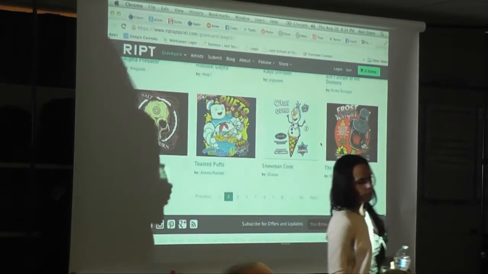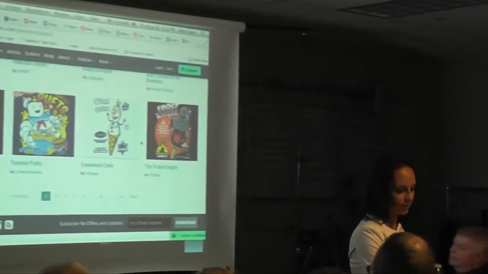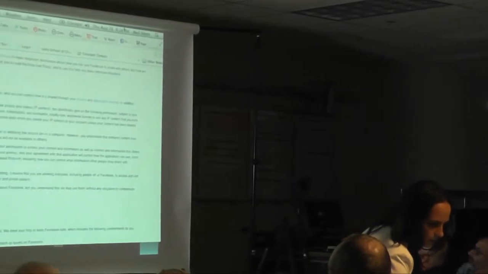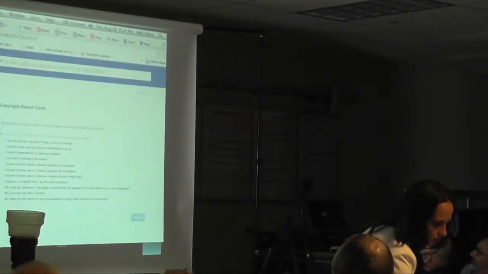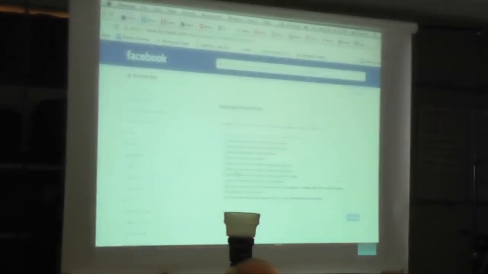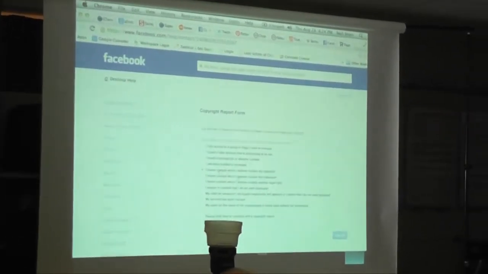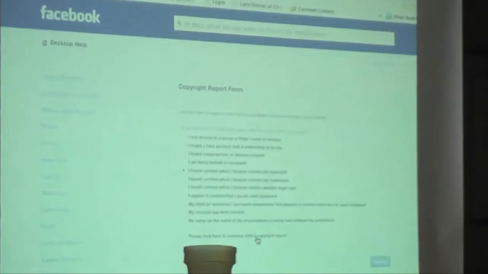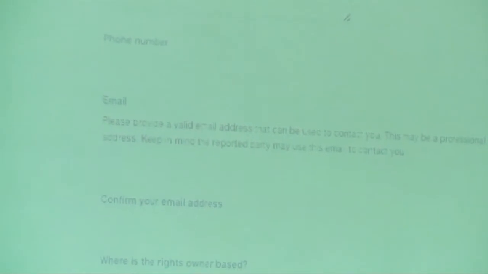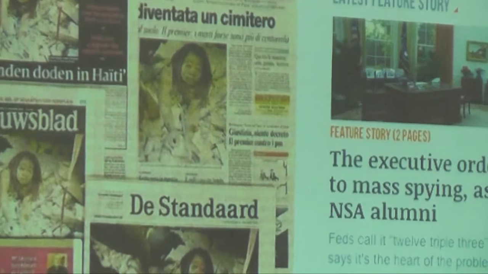So all of these sites, if you look up DMCA, I pulled up a couple. So here's Facebook's. Here. So copyright report form, I found content which I believe violates my trademark. I found content which I believe violates my copyright. Here's my contact information and my phone number, I submit. Here's the one for Twitter.